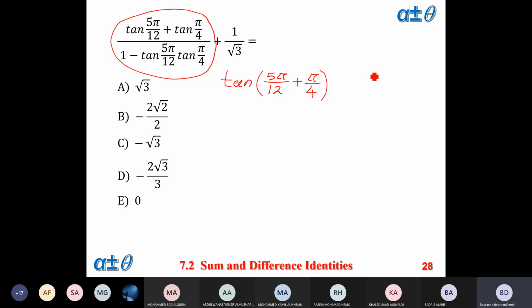And then plus 1 over root 3. Okay, 5 pi over 12 plus pi over 4. How much is that? It will be tangent of 8 pi over 12. Perfect. Well, it is the same as tangent of 2 pi over 3. Am I right?